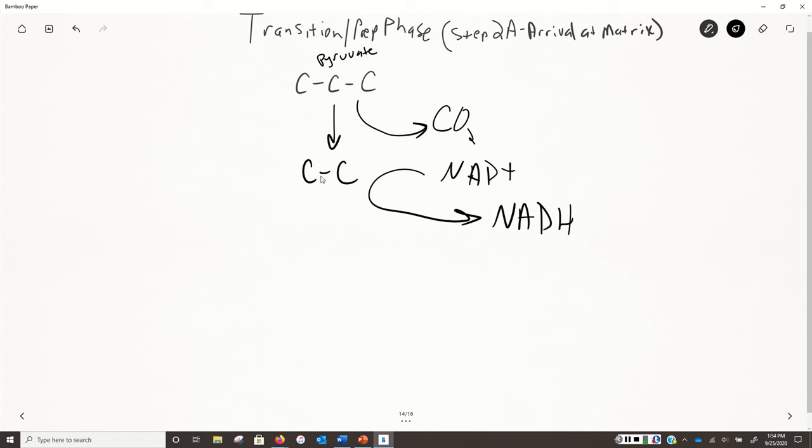This 2-carbon compound is a little bit unstable. We want to make sure that he stays together before the next step happens. So we need a chaperone. Who did we say in our previous lecture was a good chaperone? Coenzyme A. He's going to come along and attach to this 2-carbon compound.